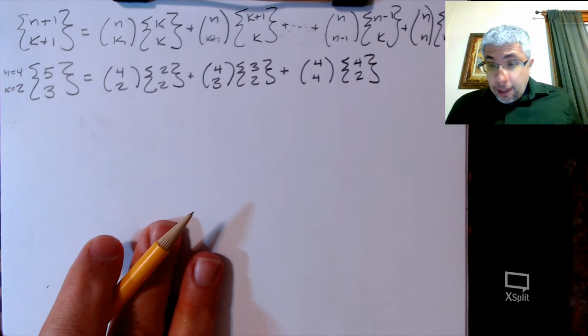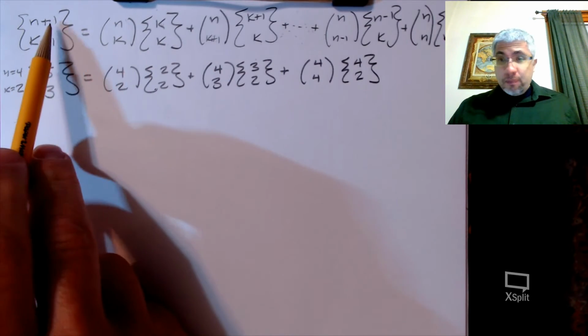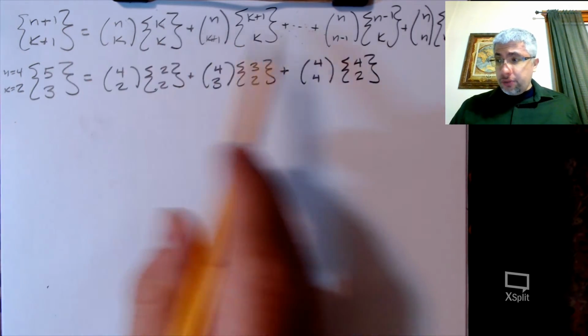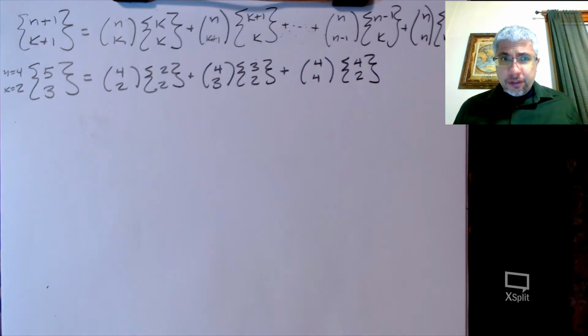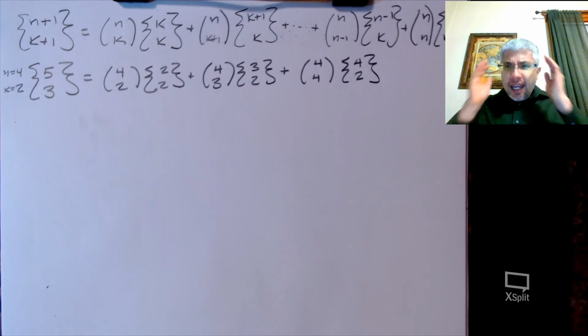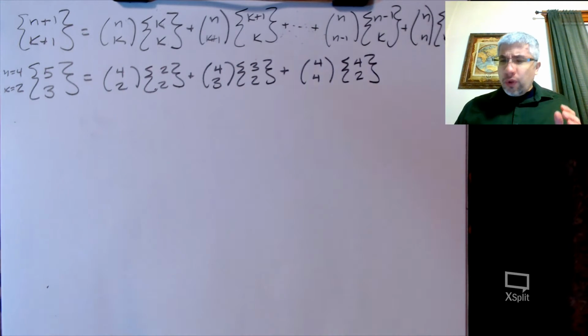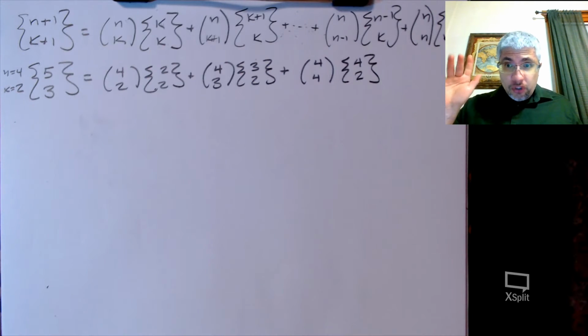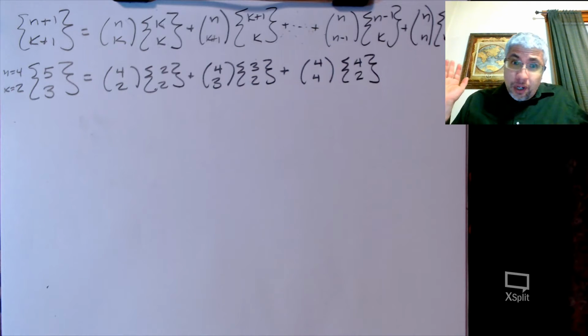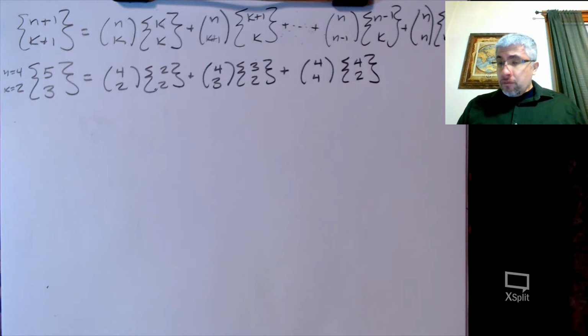So let's think about this. I just said we're picking out that n plus 1th object because we don't have any n plus 1s on the right. So think about maybe, hey, I want to split the numbers 1 through 5 up into subsets, but I don't know where the 5 goes. So maybe I could break things down based on where the 5 goes. Well, aside from where the 5 goes, I have the other stuff, and the other stuff has to go somewhere as well.